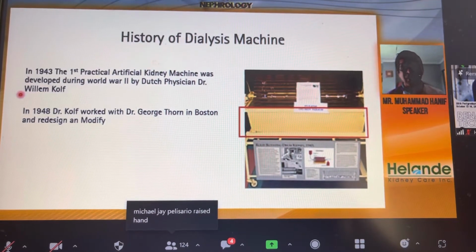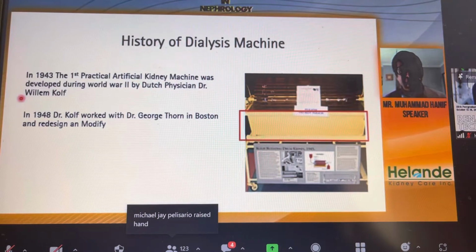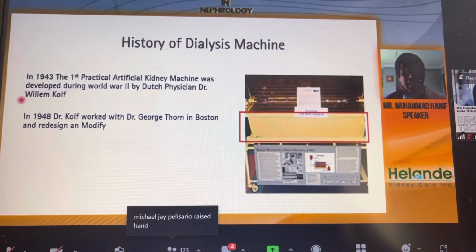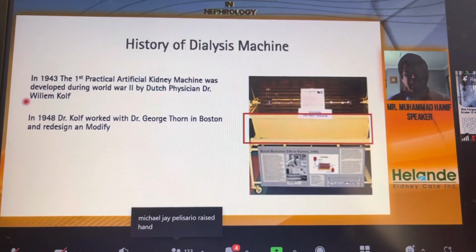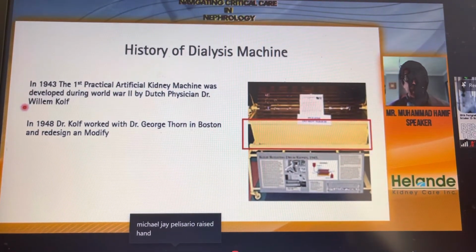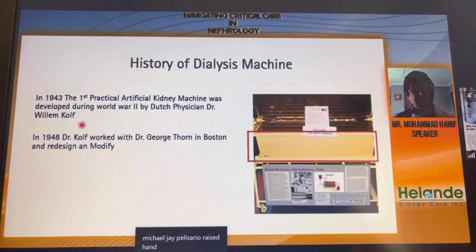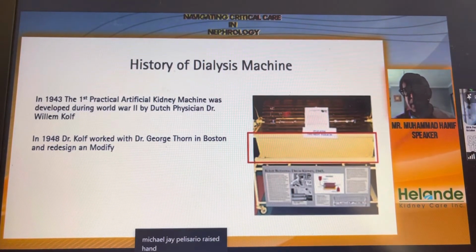That was the time when the army people and civilians really needed dialysis, because kidney failure is one of the traumas, one of the accidents. So that's the time they needed it, and the first dialysis machine was developed.